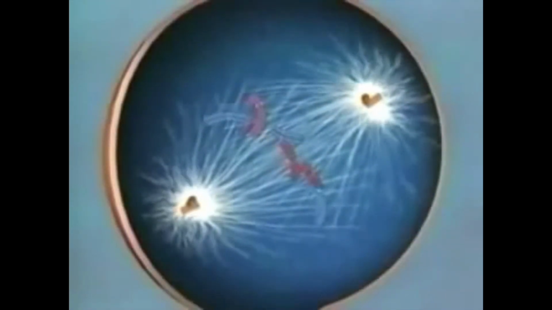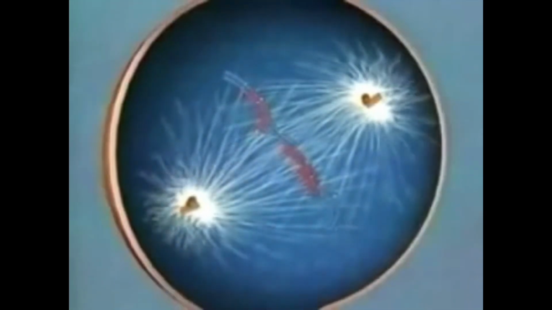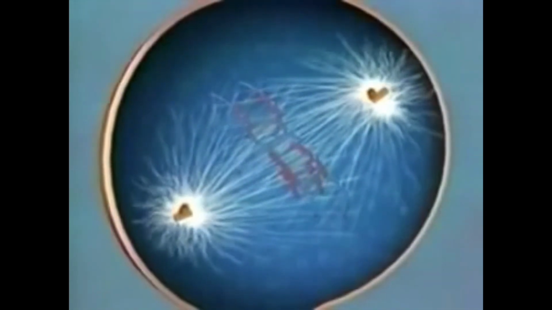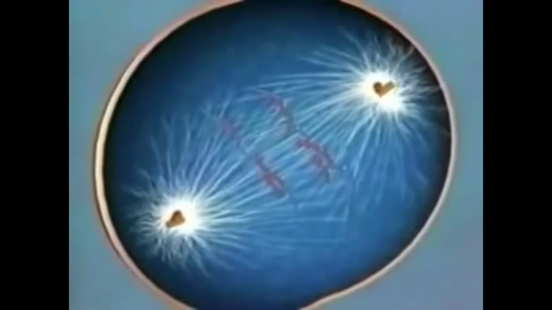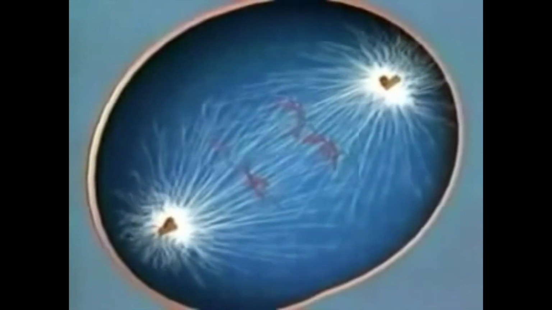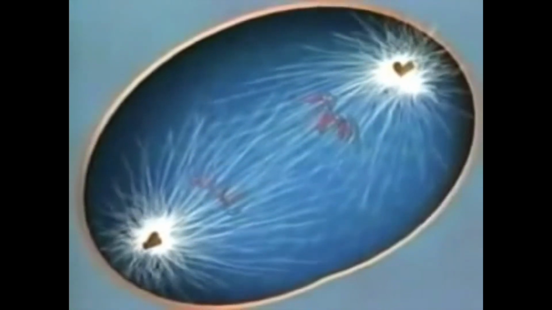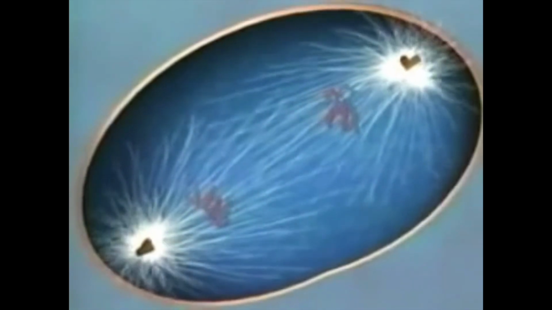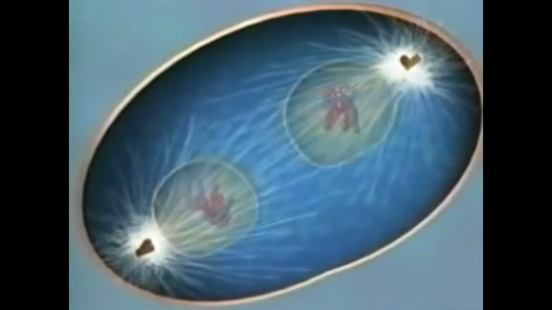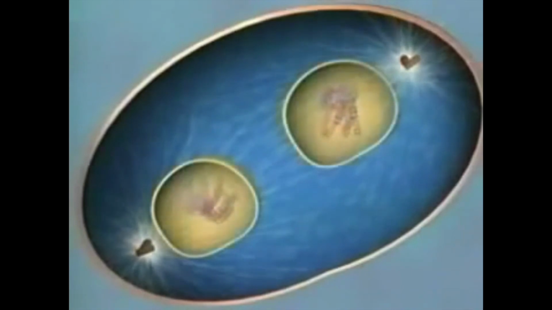Assisted by the protein fibers, the chromosomes move center stage. In a microscopic tug of war, the spindles pull each chromatid toward opposite poles. Other spindles push against each other in a ratcheting action that stretches the cell. The chromosomes then unwind and the nuclear membranes reform. With mitosis complete, the nuclei and cytoplasm separate, creating two new cells in this ongoing cycle that sustains all life.